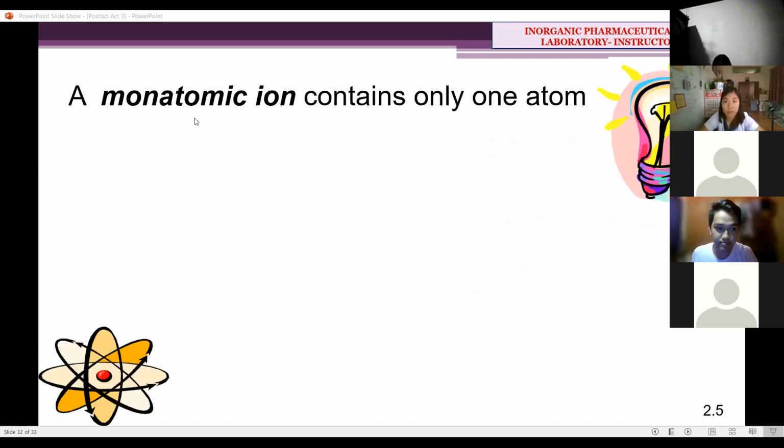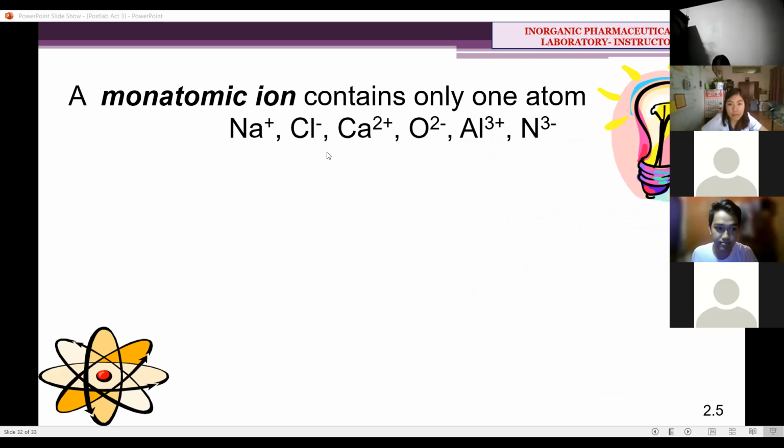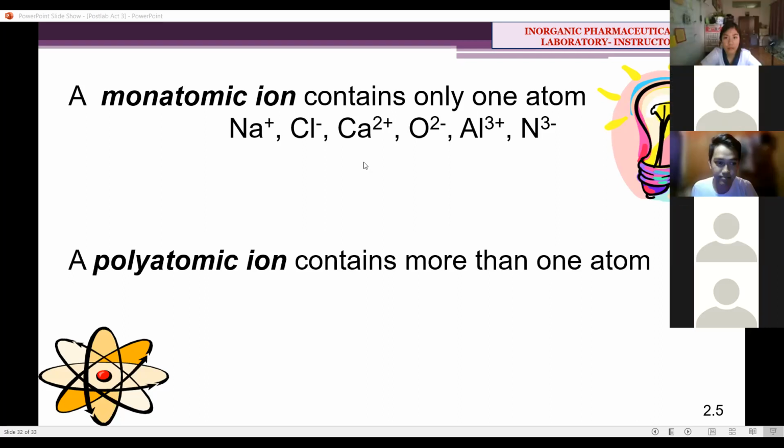By the way, naa say gitawag og monoatomic ion ha. Kanang isa lang ka element, isa ka klase nga atom like this one, sodium ion, Na positive. Chloride ion, Cl negative. So isa ka type nga element, we call it monoatomic ion. Pero pag combination na of more than one element, we call it polyatomic ion. Like the hydroxide here, OH negative. CN is a combination of carbon and nitrogen.